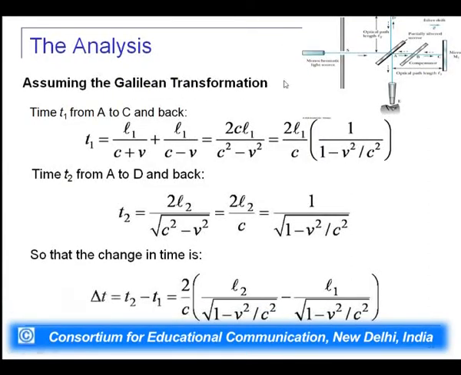Then what analysis has been done? Assuming the Galilean transformation, we define the time t for the light which is moving along A to C, which is the reflected light. Then we find that time t is equal to L1 divided by c minus v for going this side, and then it will come back, again L1, which is moving along the velocity v, then it is c plus v.